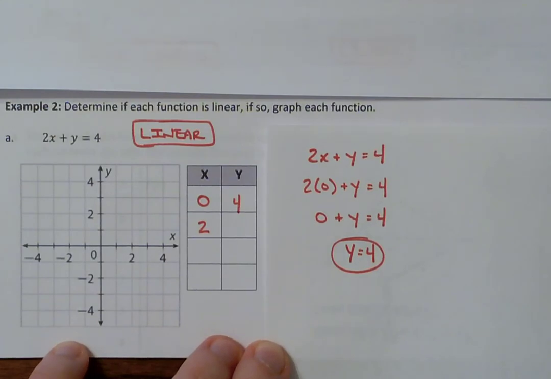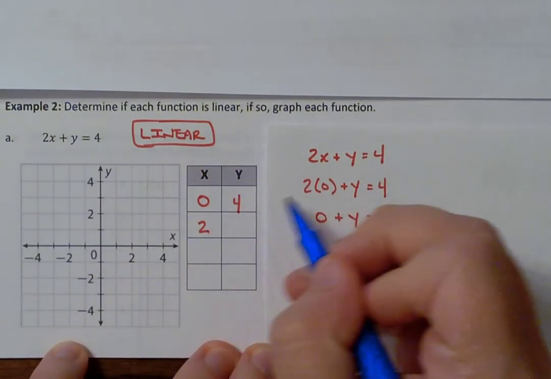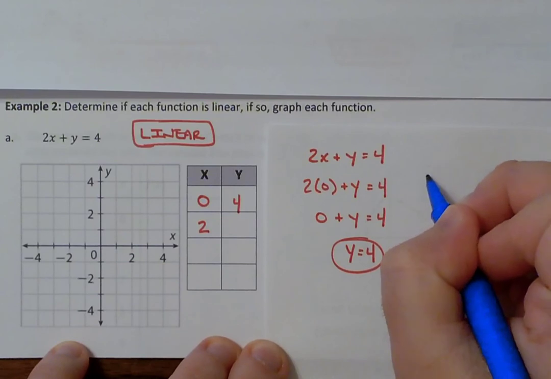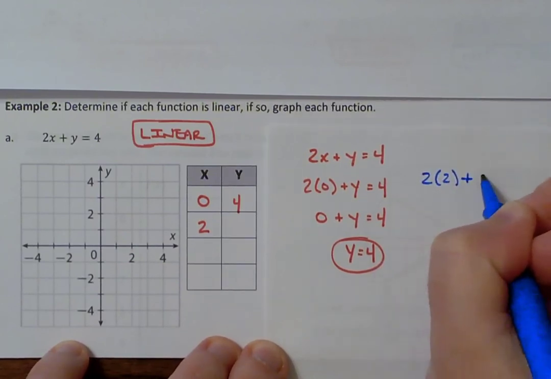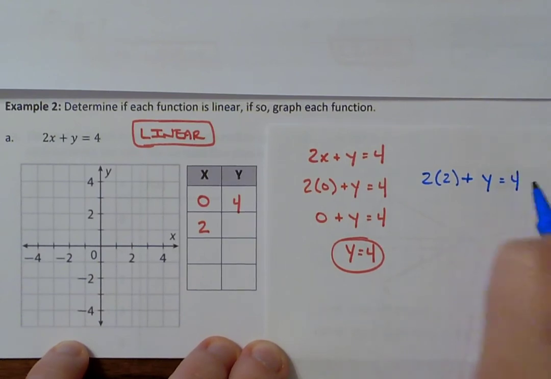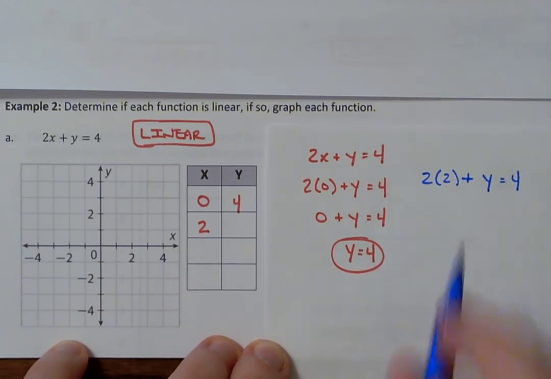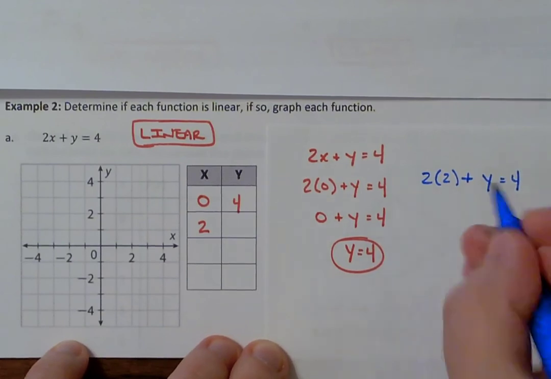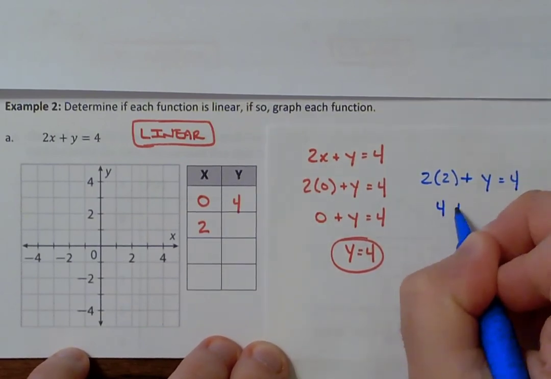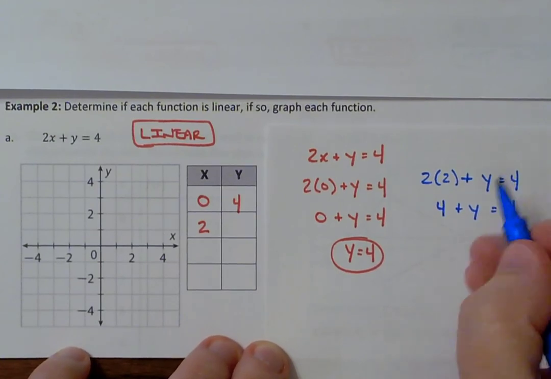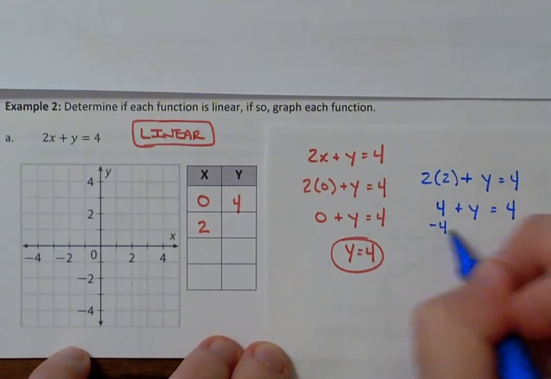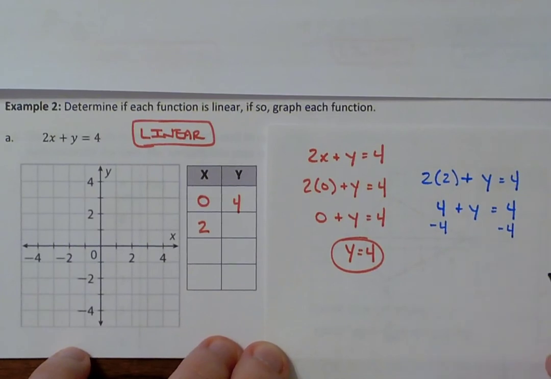Now the next part is I chose 2 for x. So if I were to plug 2 in for x, I would have 2 times 2 plus y equals 4. So 2 times 2 is 4. So I have 4 plus y equals 4. To solve for y, I need to subtract this 4 from both sides.